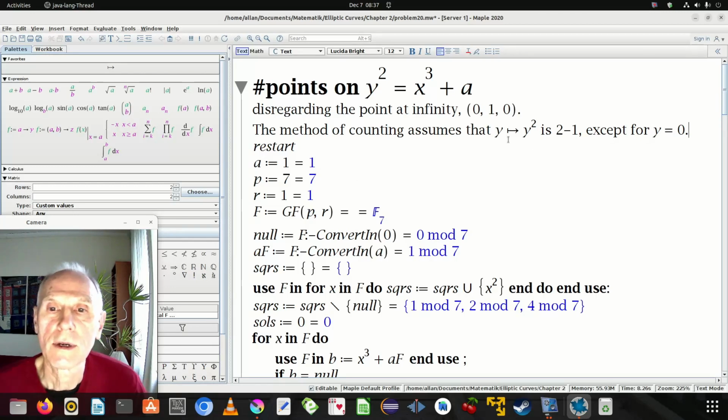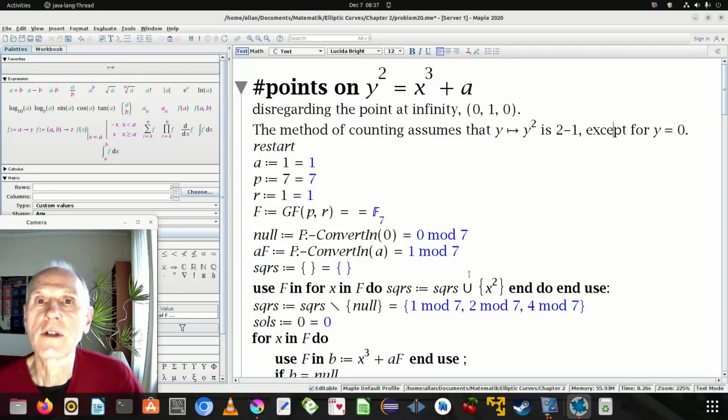Actually, I only assume that P is odd, so I make no assumptions as to Q being equivalent to 1 modulo 6. That will be in practice.